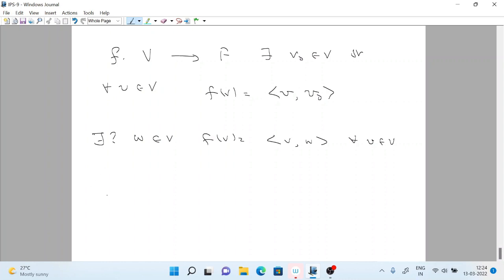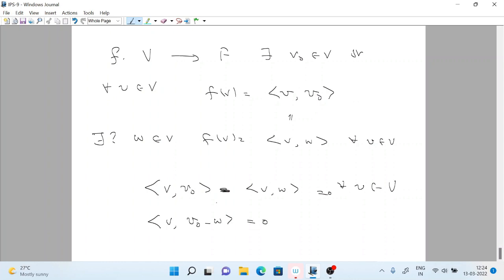Suppose there is a W so that this happened, then these two are equal. That means inner product of V with V0 must be equal to inner product of V with W for every vector V in V. Now bring it to the other side, therefore this minus this must be 0. Again use the additivity in the second variable, therefore this is V with V0 minus W equal to 0.